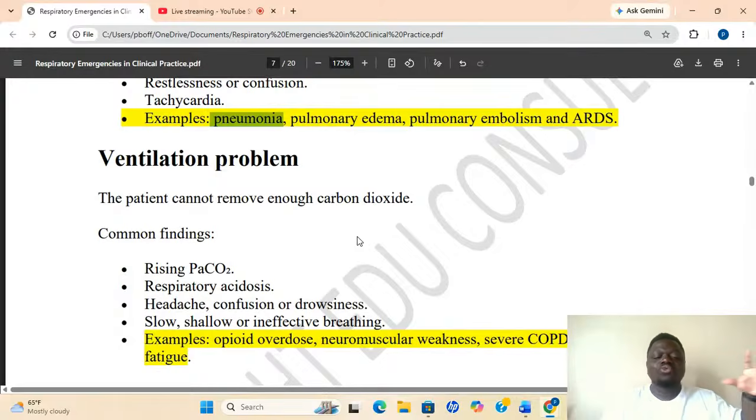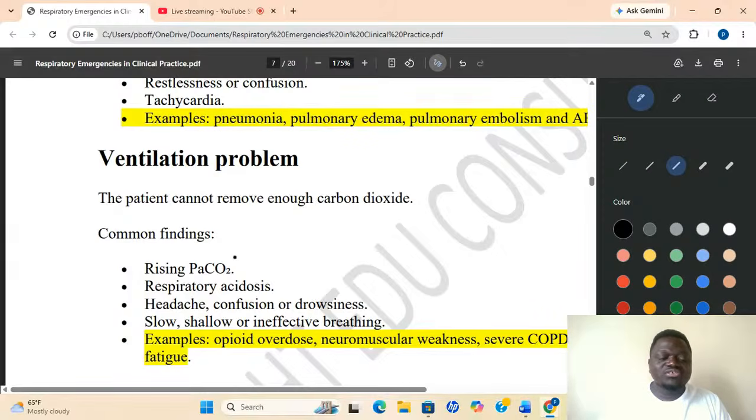So it has started accumulating in the system. Meanwhile, the person is breathing oxygen in, but the carbon dioxide is trapped. It's not coming out.